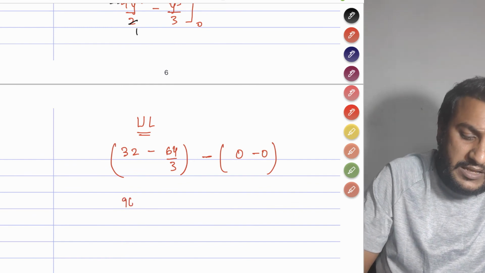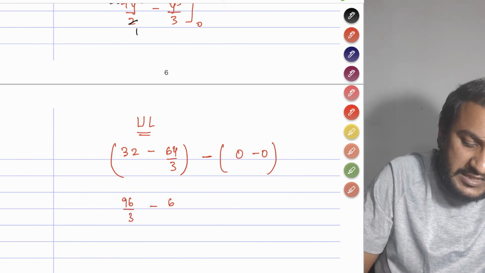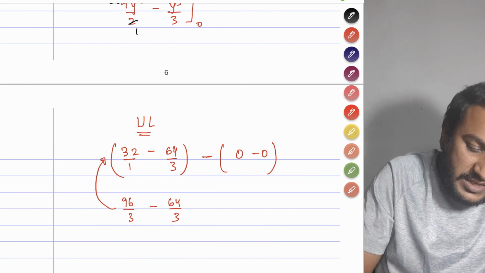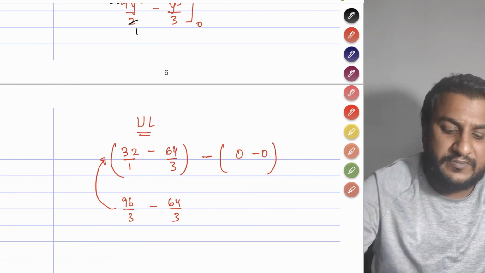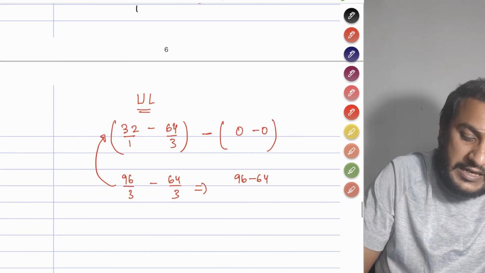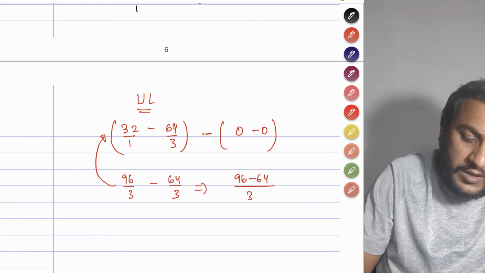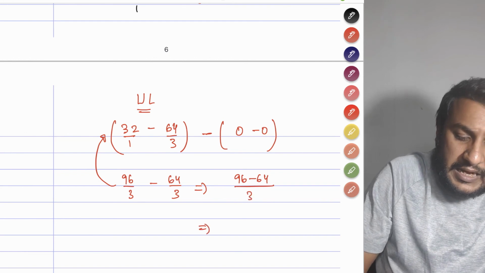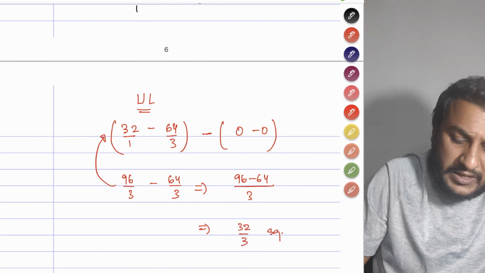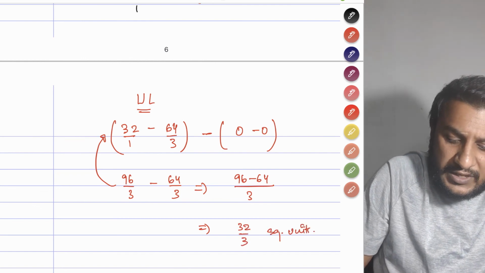Now I can write this as 96 by 3 minus 64 by 3, because this is the equivalent fraction. Now it becomes very easy to write 96 minus 64 by 3, and if you subtract 96 minus 64, you will get 32 by 3 square units.